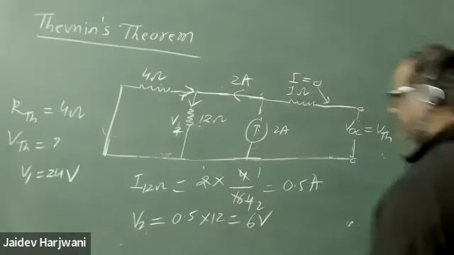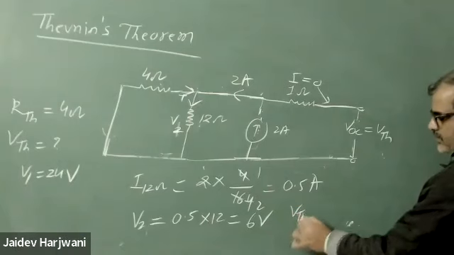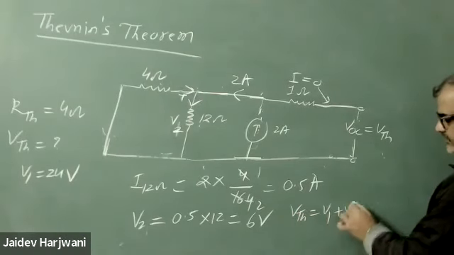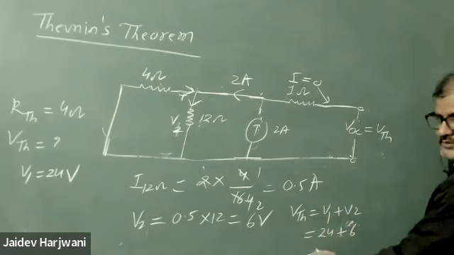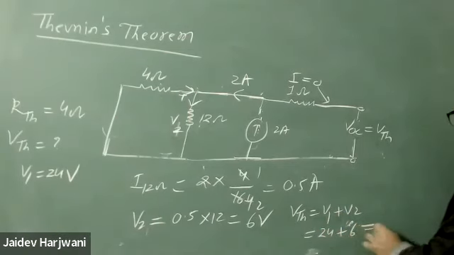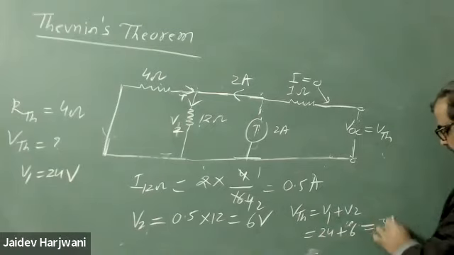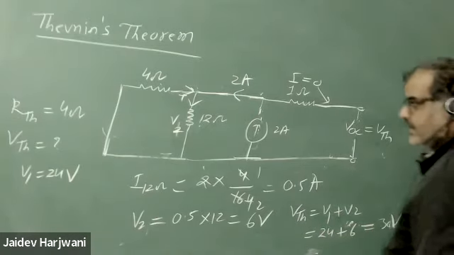Now I want the total voltage V Thevenin. V Thevenin will be V1 plus V2, that means 24 plus 6 equals 30 volts.